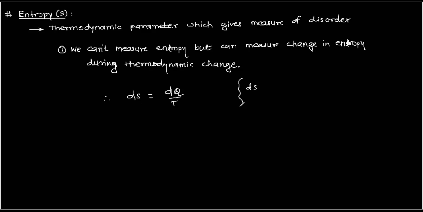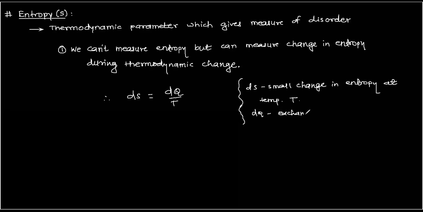Where dS is what? dS is a small change in entropy at temperature capital T. And dQ is the exchange of heat between system and surrounding, or surrounding and system.